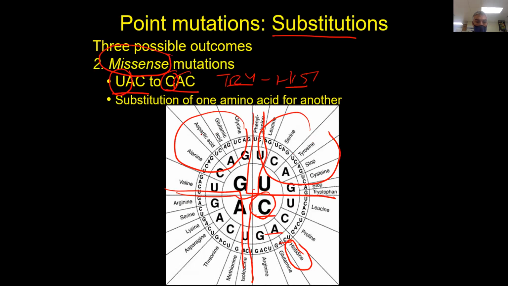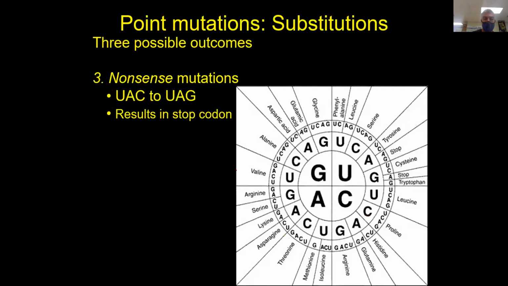Guanine is quadrant 1, uracil affects quadrant 2. If I change to adenine, that'd be quadrant 3. And if I change to cytosine, that would affect quadrant 4. If it's at the first base, it's often going to have a really amazing effect.